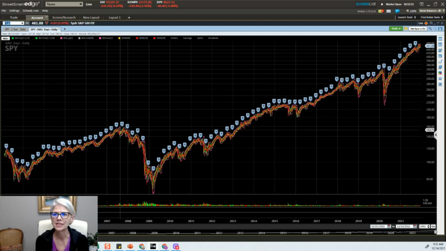Because what happens is investors think, oh, if I pick the right stock, if I pick the Tesla, if I pick the Apple years ago, if I pick the right stocks or find the right financial advisor that picks the right stocks, or the right fund that picks the right stocks, I'm going to get rich from stocks.